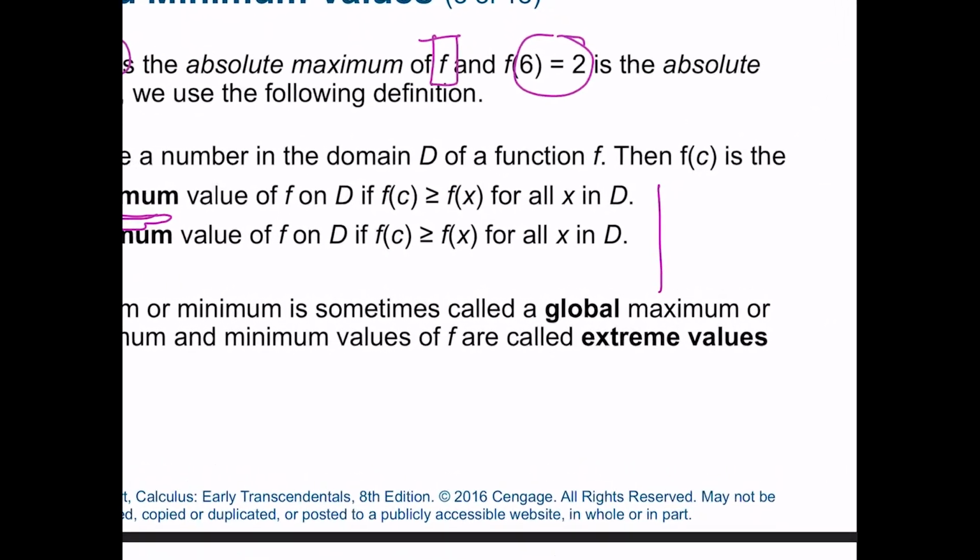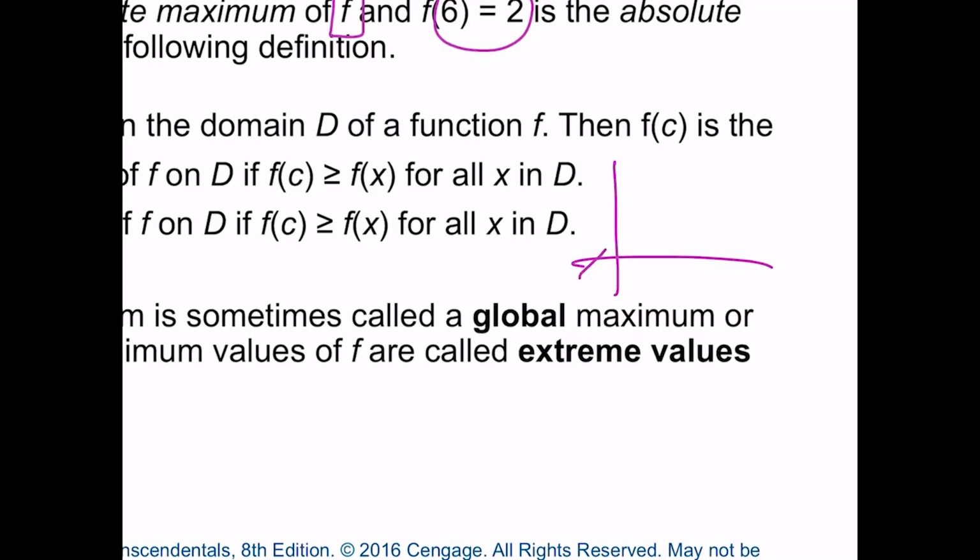Let me just draw a quick sketch. If we're looking at this graph where our x values are going from here over to here, and on our y-axis I've got 1, 2, 3, what is my absolute maximum? It's the biggest y value. What's the biggest y value on the graph that I just drew? It's 3, certainly.